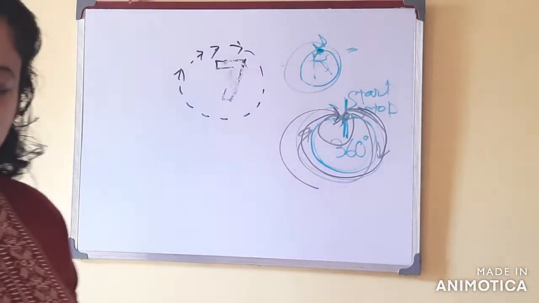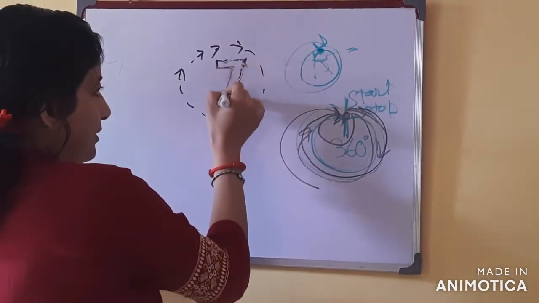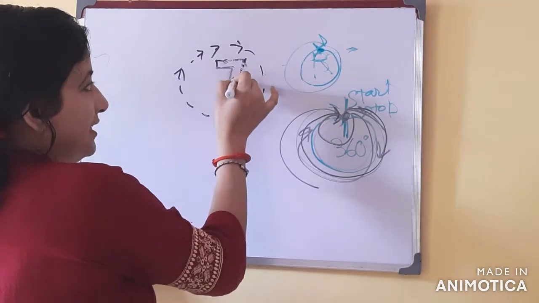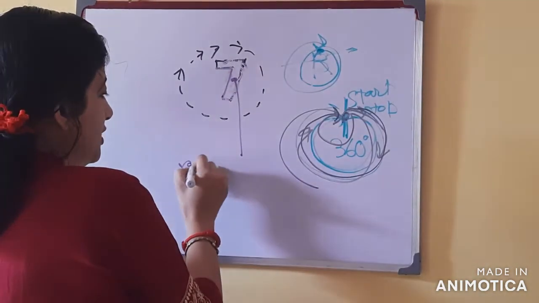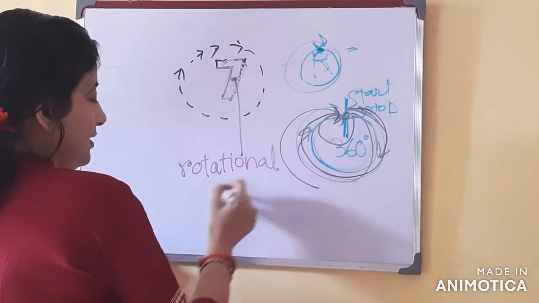Now, the point with respect to which I was rotating is called the rotational center.